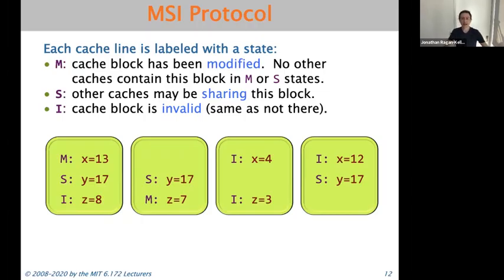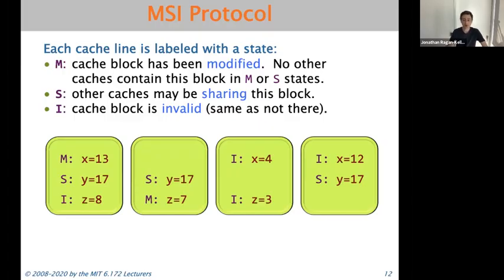So we have caches on each of our cores, and in addition to the tags and other metadata that are stored on each cache line, like whether there's valid data there, how recently it's been used, maybe tag information about what global address it corresponds to, we're also going to store some extra metadata that labels that cache line with a cache coherence state.